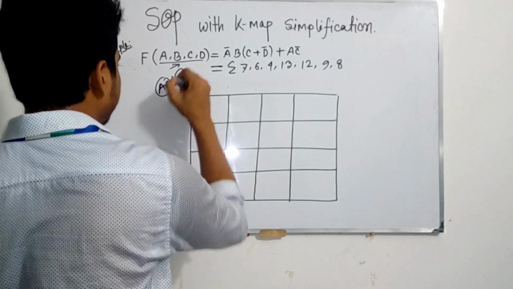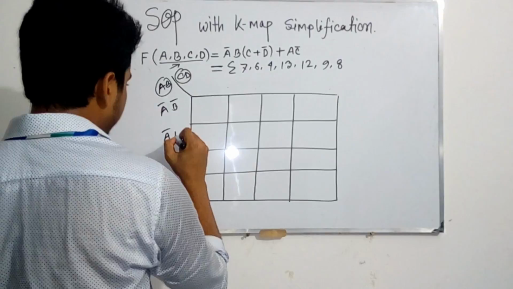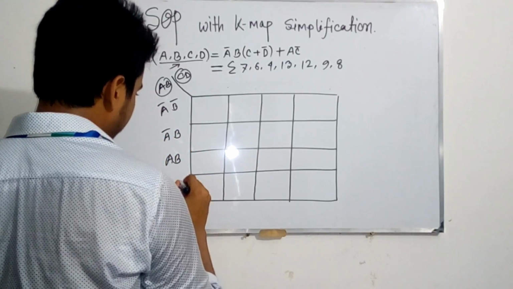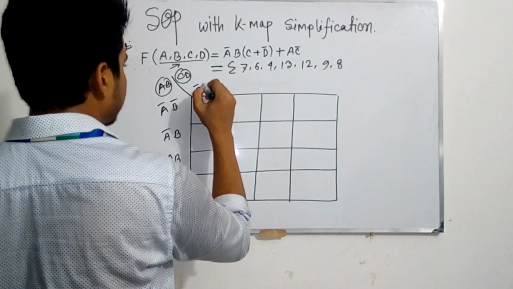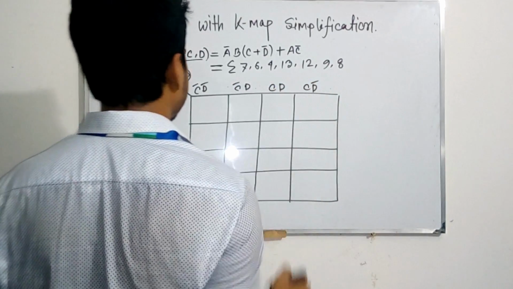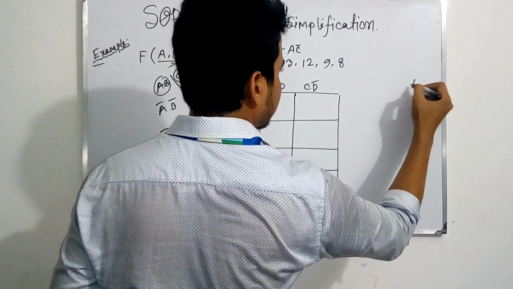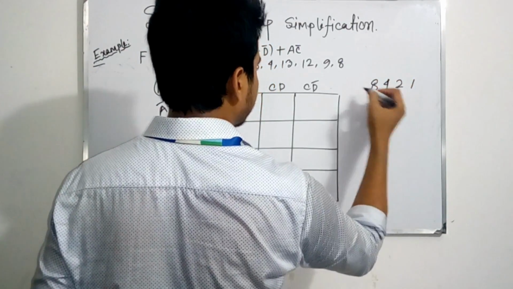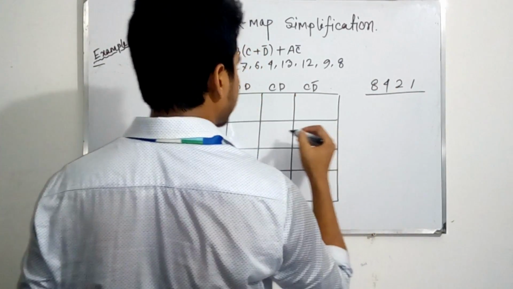So now we write them as A naught B naught, A naught B, A B, A B naught, all types of combination, and the same here: C naught D naught, C naught D, C D, C D naught. Now we just number the boxes as we told previously: 1, 2, 4, 8, when A bar, B bar, C bar, D bar, that means no value from this will be taken.